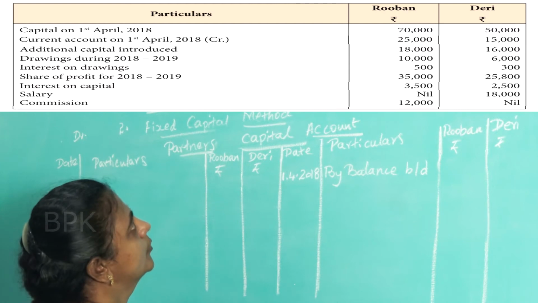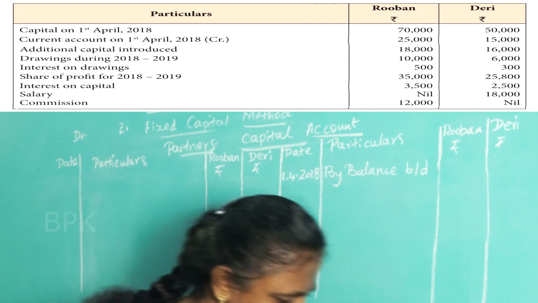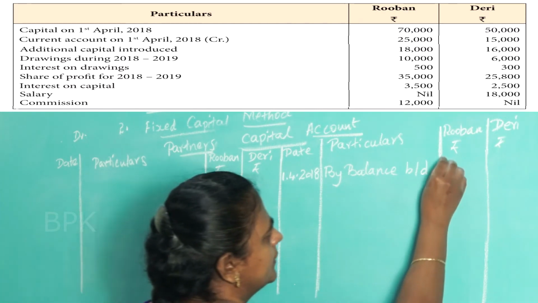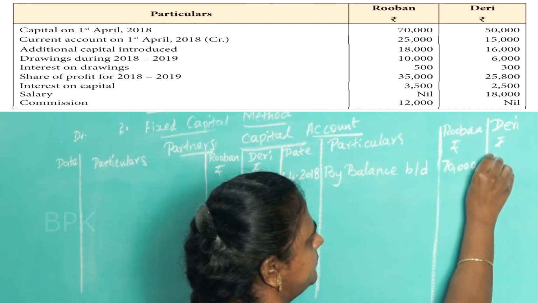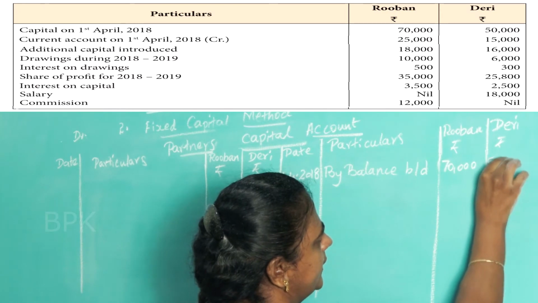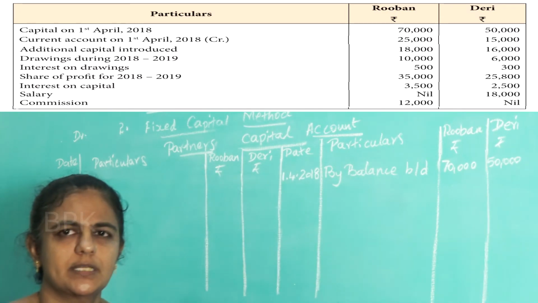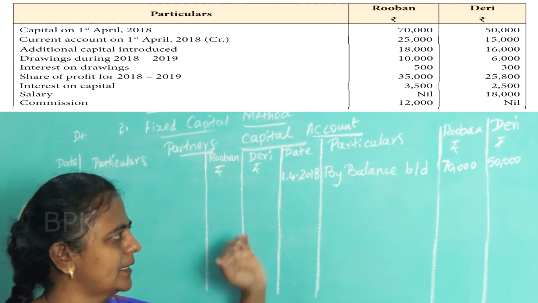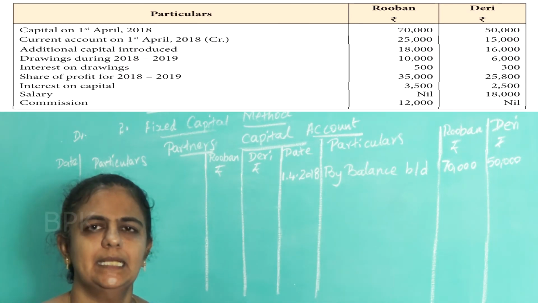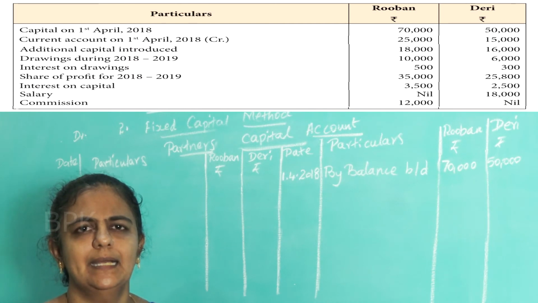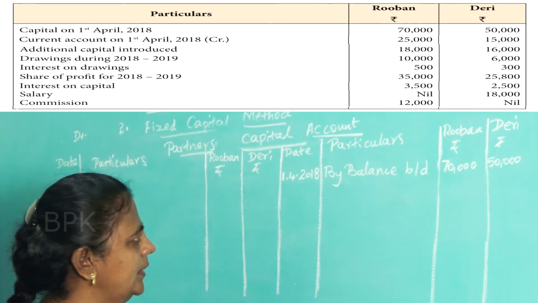Okay. So how much is the balance, opening balance? 70,000, 50,000. Next, what is given? Current account balance is given. That current account balance you must not show here. After that, what is given? Additional capital is given. Take the additional capital. Okay.